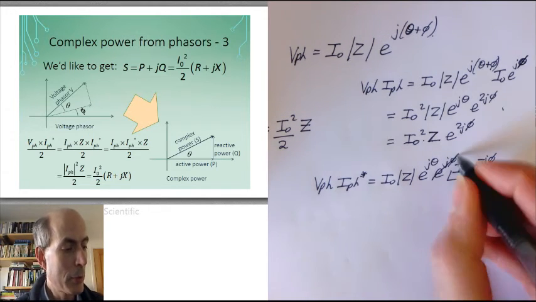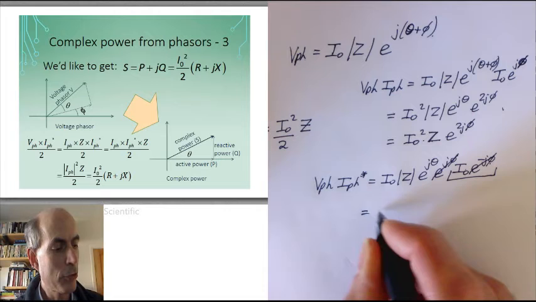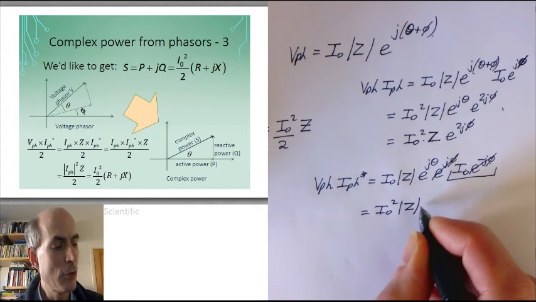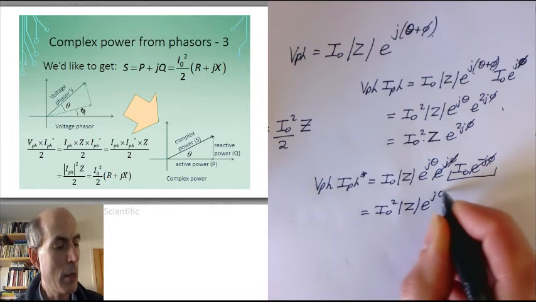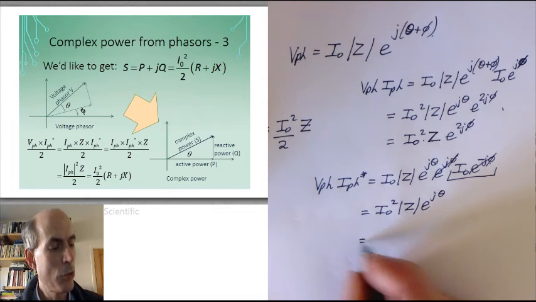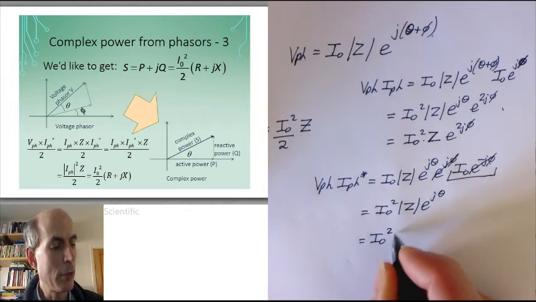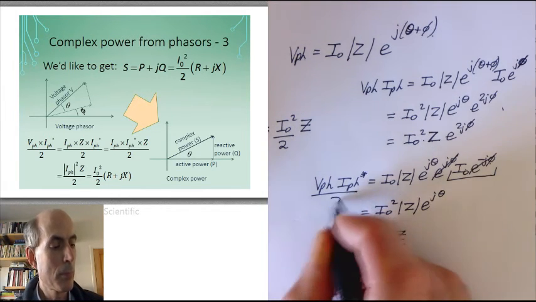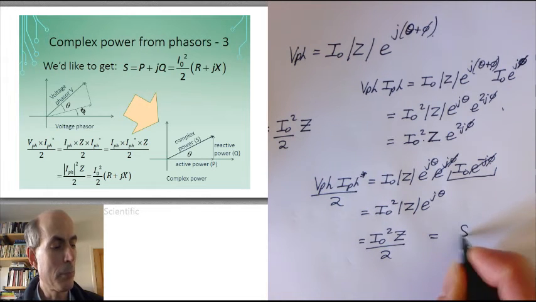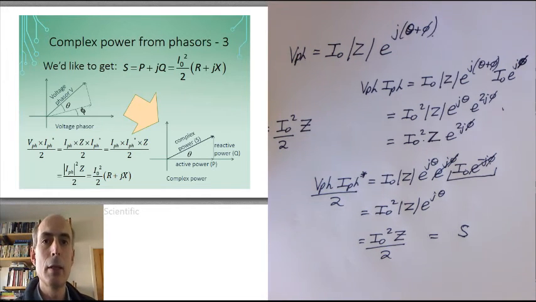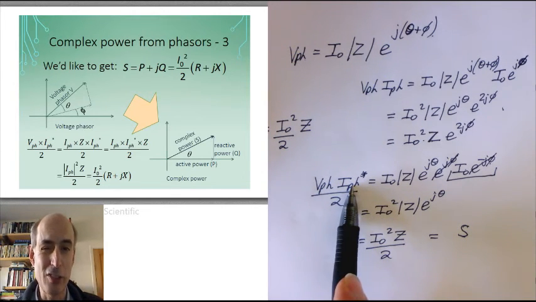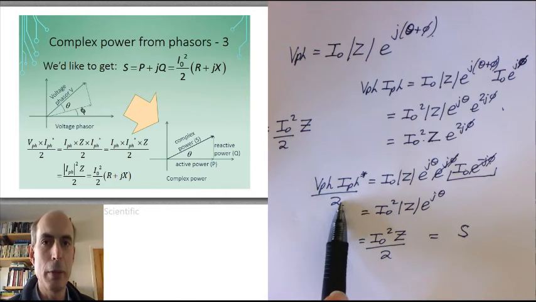Well, that term cancels out with that term. That's just going to give me I0 squared times the modulus of Z times e to the j theta, which is I0 squared times Z. And if I just divide that by 2, I will get the complex power that I wanted. So to get the complex power, I have to take the voltage phasor multiplied by the complex conjugate of the current phasor and divide by 2.